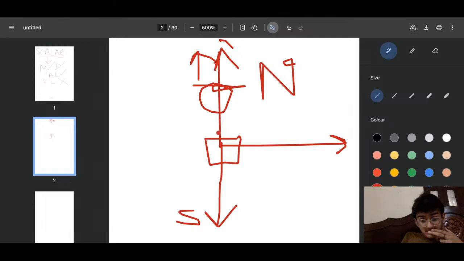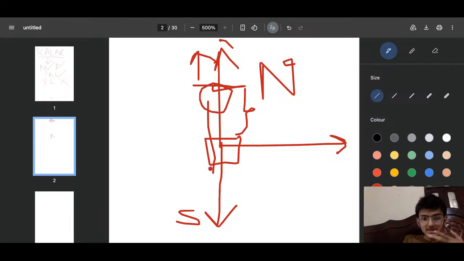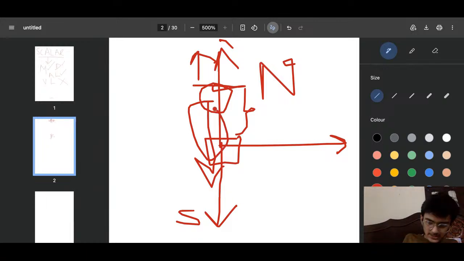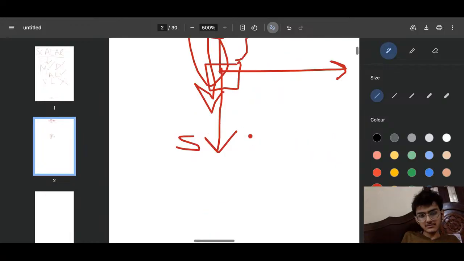But this region is no longer north, because now the point of reference is this. So whatever points are located below this on this particular axis, or the direction, and this is actually representing the magnitude of this particular vector, now this became south, just changing to another one.